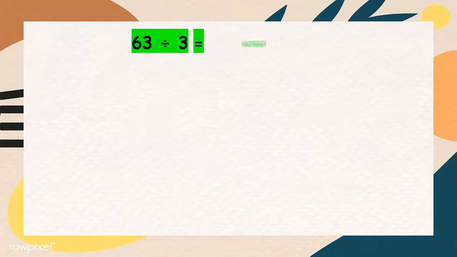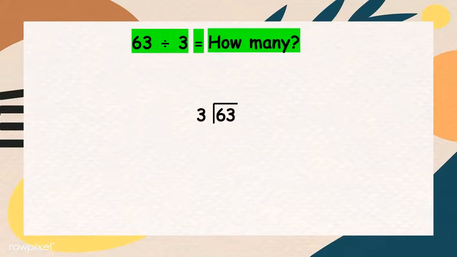Now, let's have another example. 63 divided by 3 equals how many? To divide 63, first look at the digit on the left, which is the tens place of the dividend. The digit is 6.